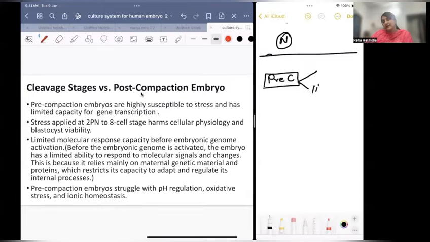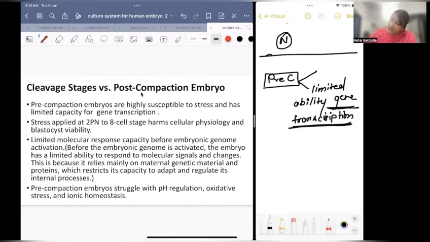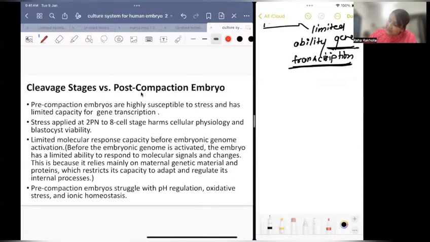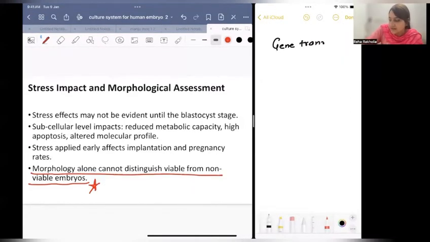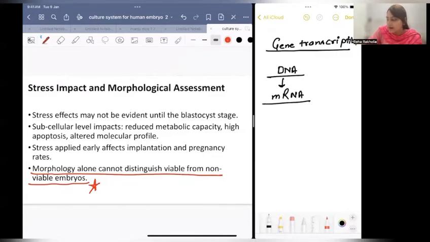Pre-compaction has limited ability to transcribe genes. What does gene transcription mean? It is the initial step for cellular function: the information coded in DNA is transcribed into mRNA. mRNA acts as a template to form protein, which does the cellular function.